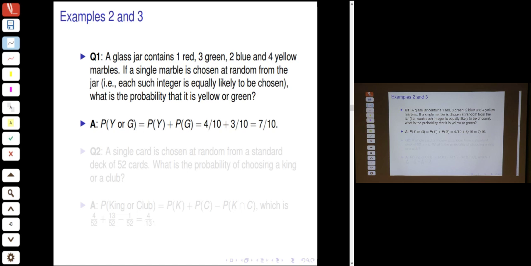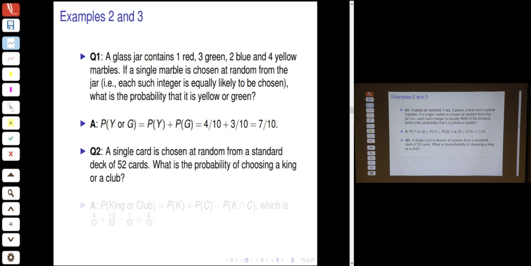So the probability of yellow or green is the probability of yellow plus the probability of green. The probability of yellow: you have 4 yellow marbles, and the sample space is 10, if you add them up. So it's 4 over 10. Similarly, the probability of green is 3 over 10. Altogether, you have 7 over 10. So that's a simple example.